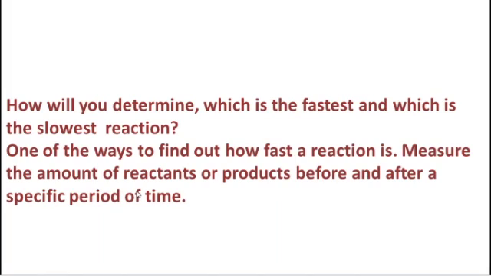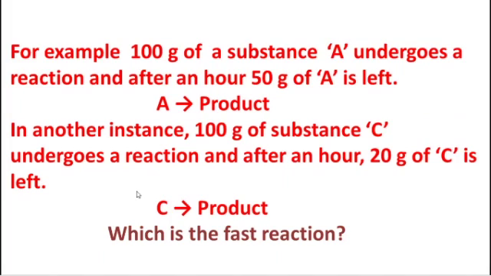How will you determine which is the fastest and which is the slowest reaction? For example, 100 gram of a substance A undergoes a reaction and after an hour 50 gram of A is left.